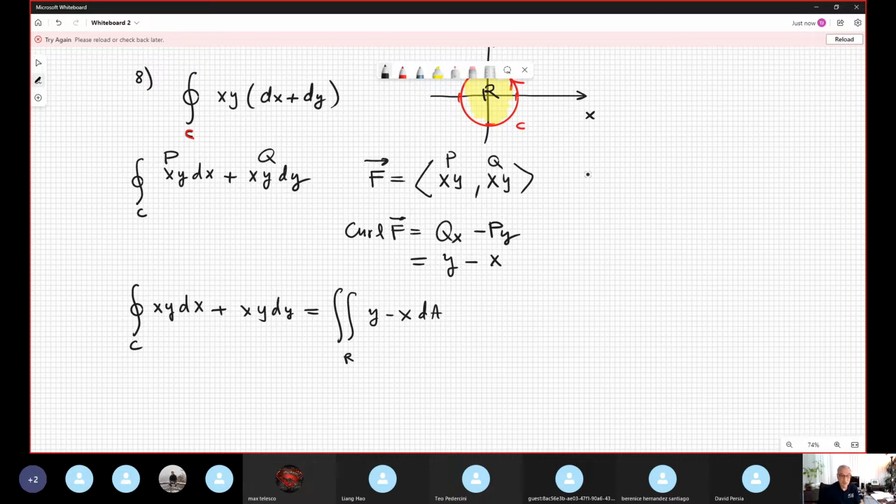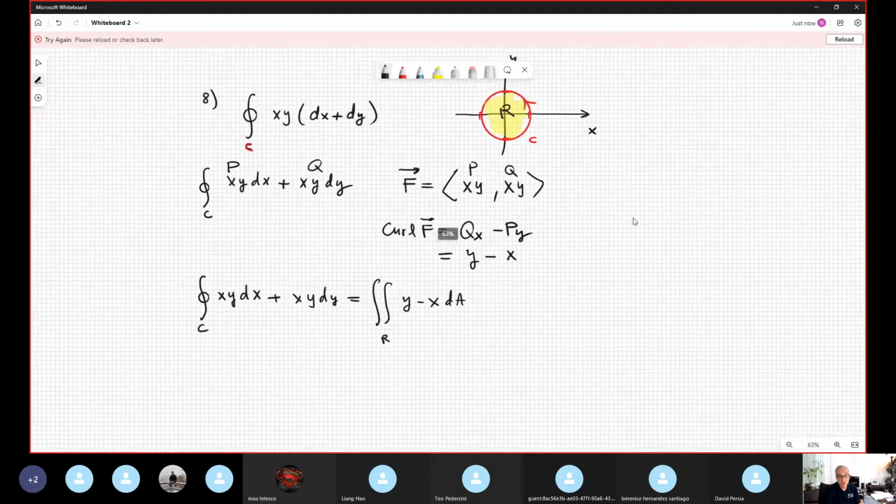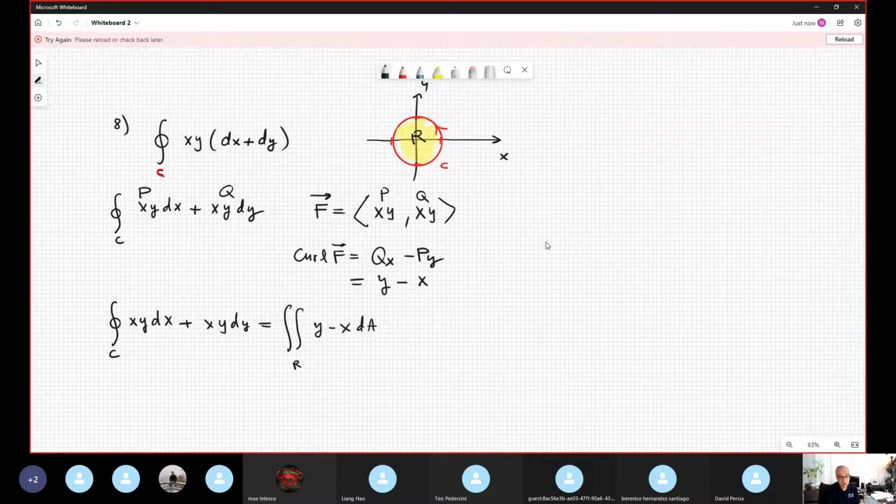And at this moment, you make a decision to apply polar. Why not? Because it's a circle, it's obvious, no? The idea is clear. When you apply polar, the limits are constant. We can separate the integral and you compute it in an easy way. If you do it in Cartesian, a circle in Cartesian is horrible, no good, okay?